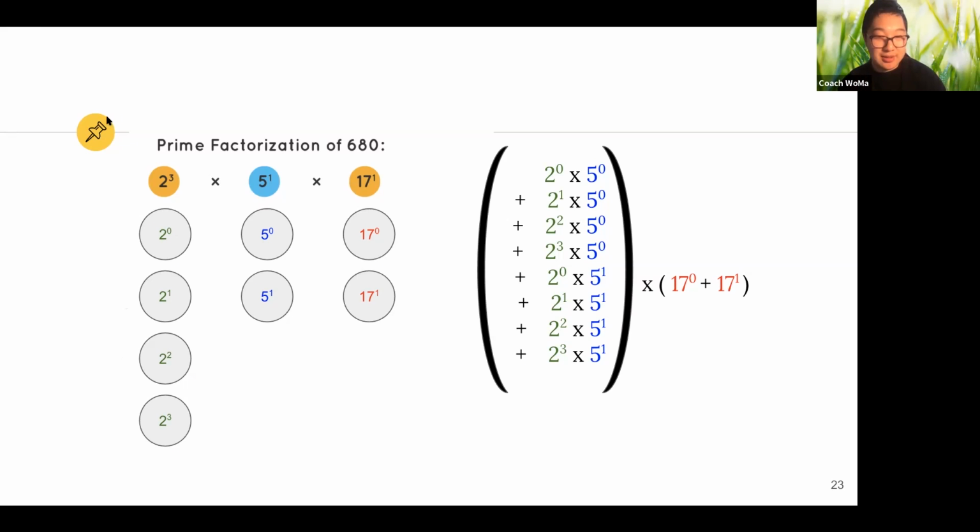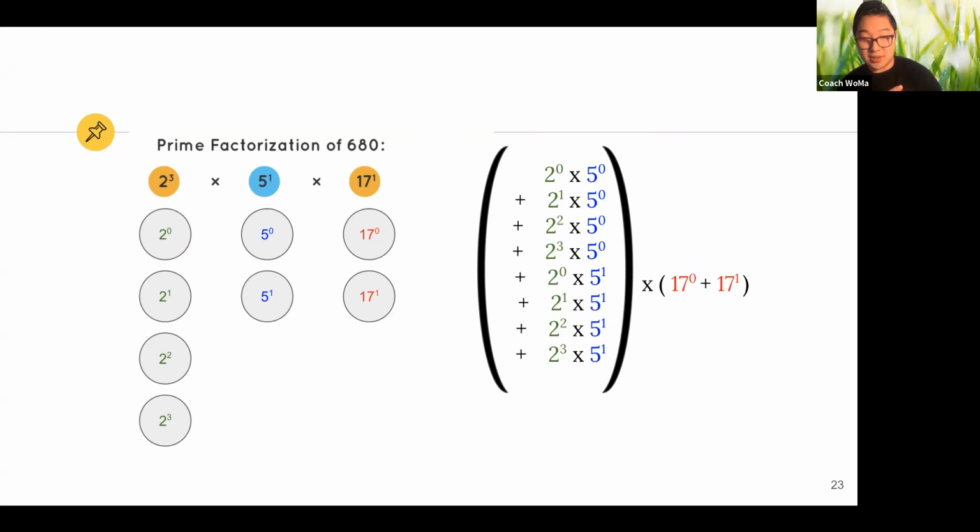Maybe Jaden, any ideas? Maybe, no. Audrey, any ideas? Yep, so Audrey told me do the same thing for the 17s, but for the 5.